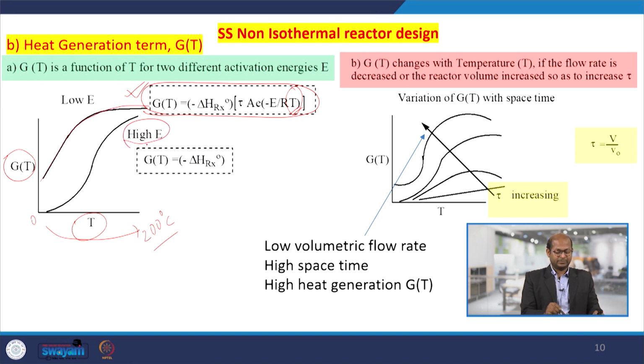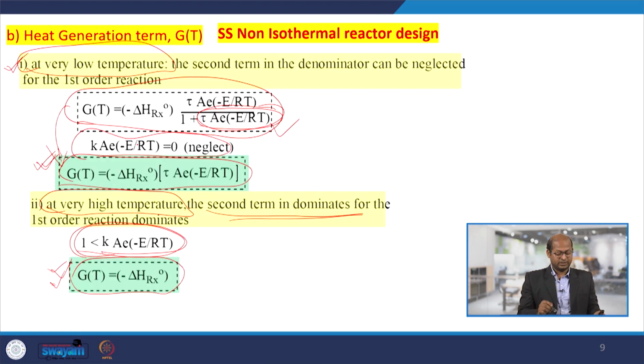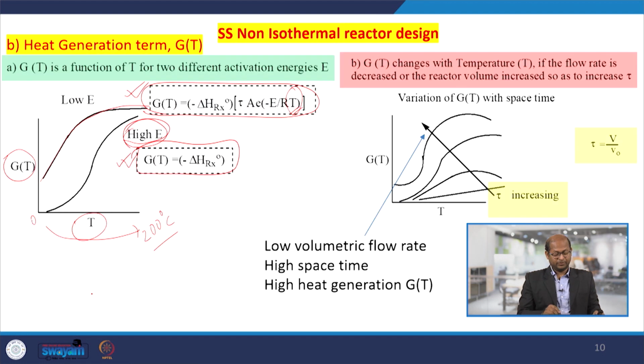If the reaction has high activation energy, at high temperature these equations will follow. So then the lines would follow like this, means the heat generation lines will follow this path. Okay, either this or this, any one may be.